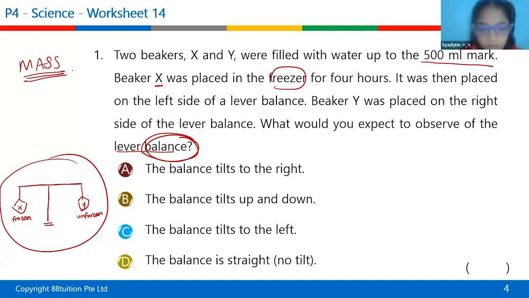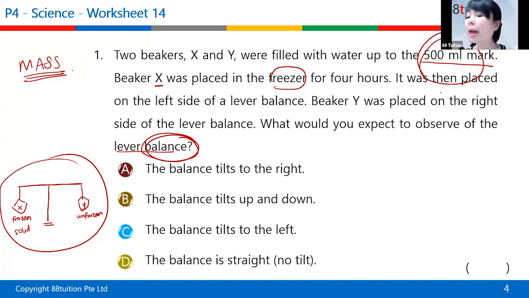The same weight. What do you think, Liling? Same weight or different weight? Different weight. Why, Liling, different weight? Because beaker X was placed in the freezer for 4 hours, so it will become a solid and it will become heavier than liquid. Who says that solid is heavier than liquid?